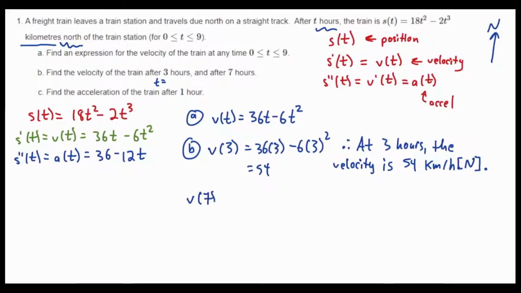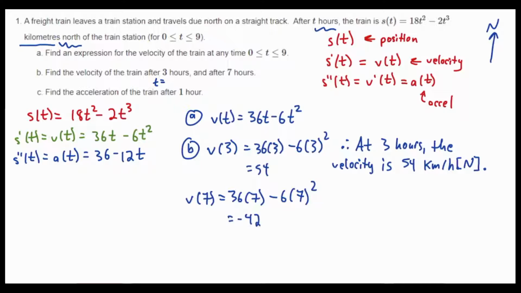So V of 7 equals 36 times 7 minus 6 times 7 squared. It's going to be negative 42. How can it be negative? Well, remember, it's a vector. Direction matters.